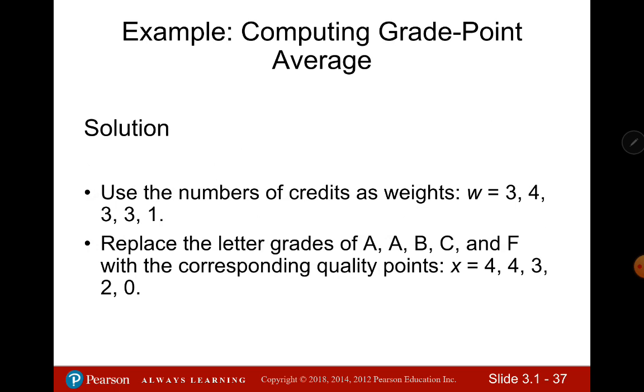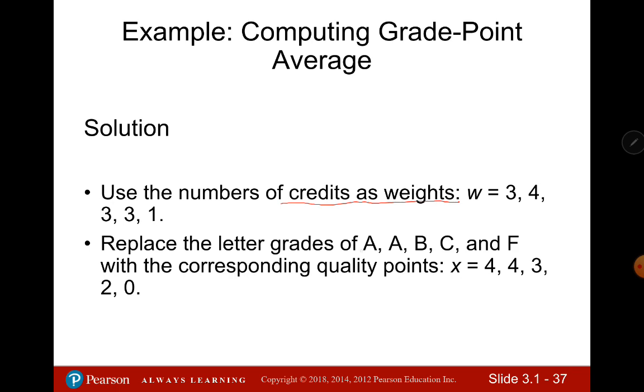And we should know different grades have different weights, right? We use their credits as weights. If this course is 3 credits, we put 3 as its weight.